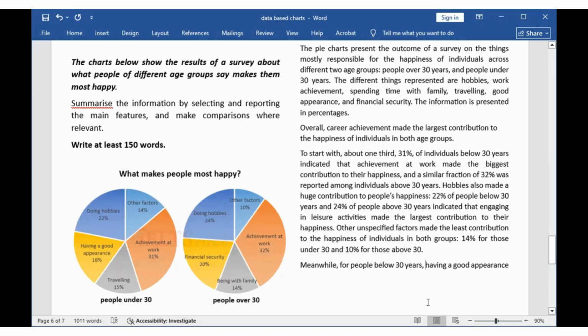For people below 30 years, okay? So my figure here is 18%. So I'm going to put 18% at the front here. 18% of them indicated that having a good appearance was mostly responsible for their what? Happiness.